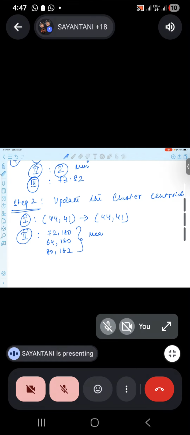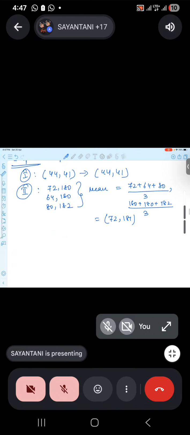You take the mean value of these coordinates. That means (72 plus 64 plus 80) divided by 3 and (180 plus 180 plus 182) divided by 3. And you get the answer as 72, 181. This is the updated coordinate of cluster centroid number 2.